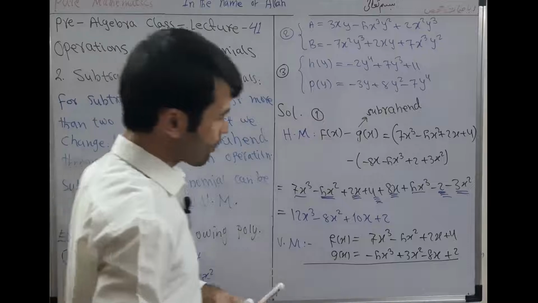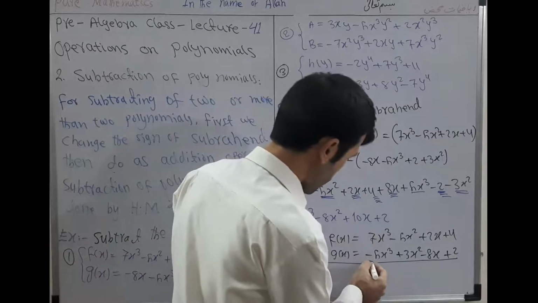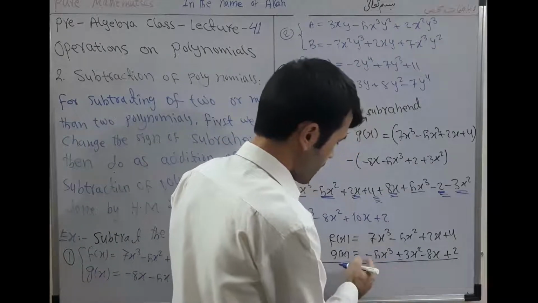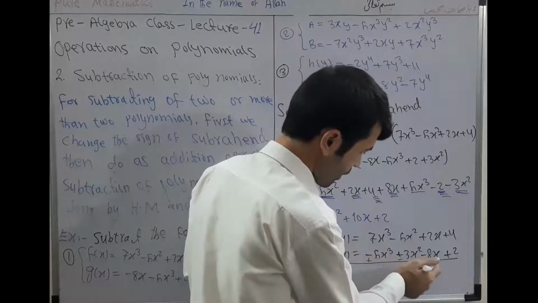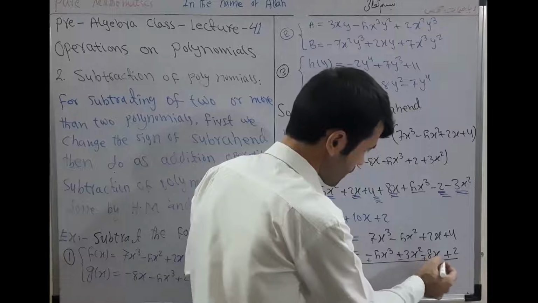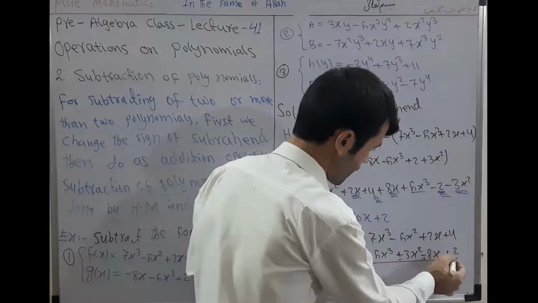Now we have to change the sign of this polynomial. Minus, it will become plus. Plus, it will become minus. Here is minus, it will become plus. It is plus, it will become minus.